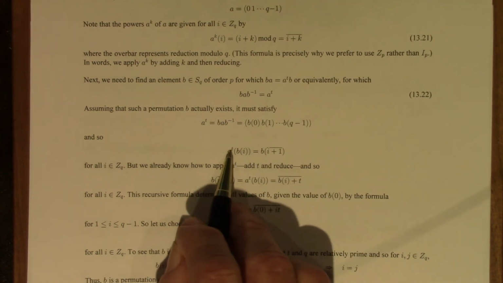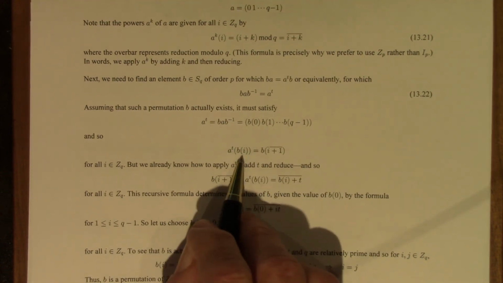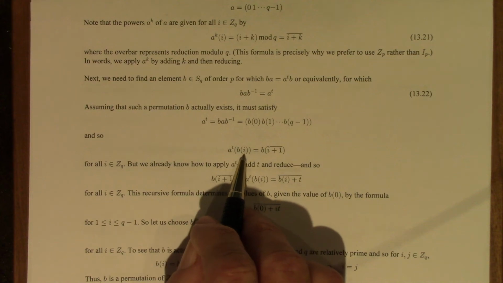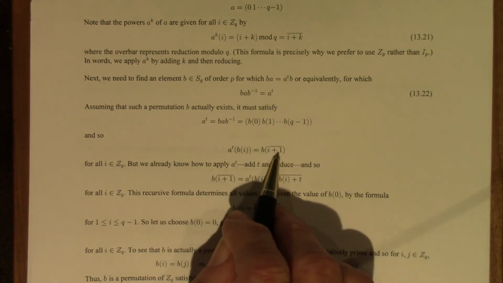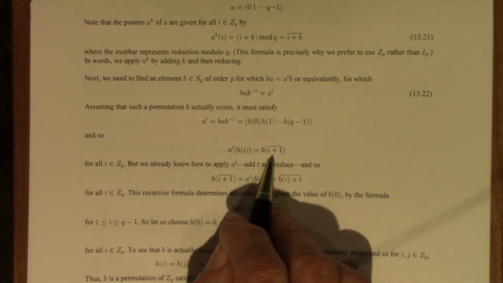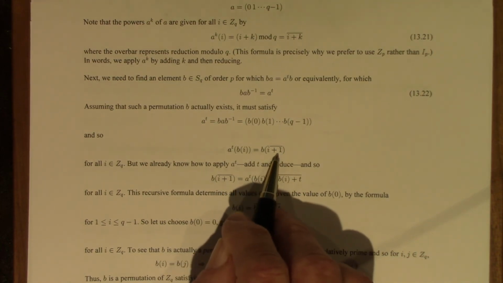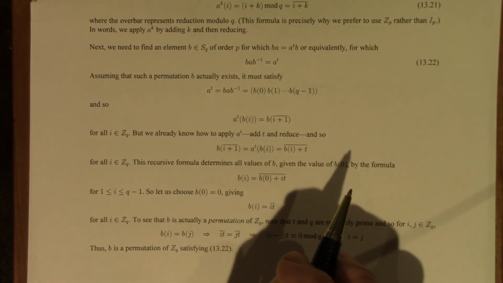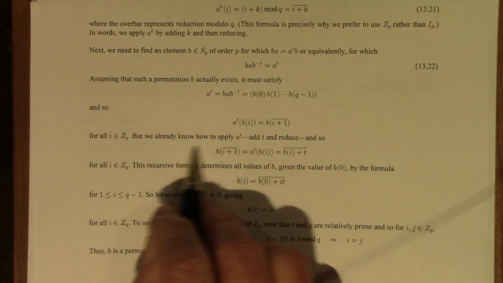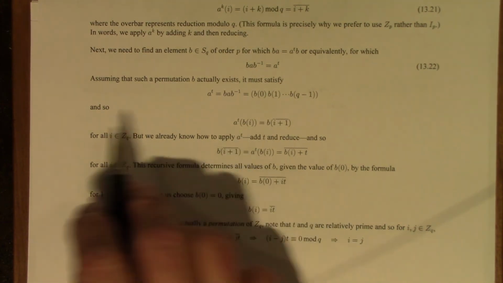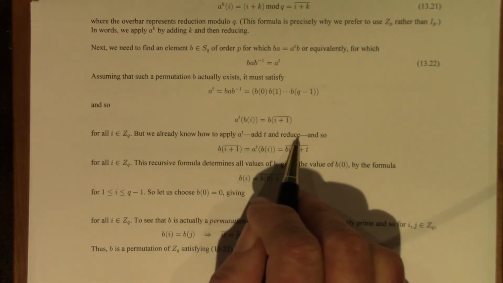So A to the T takes B of I to B of I plus 1, but you have to reduce I plus 1 in case it's equal to Q, wrap it around to 0. On the other hand, we already know how to apply A to the T, we just talked about it. You add T and reduce.